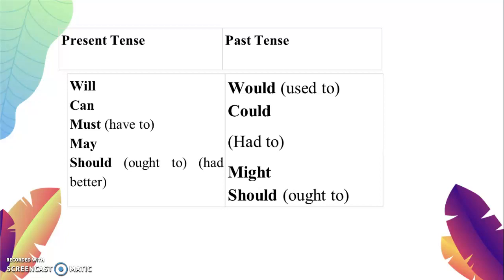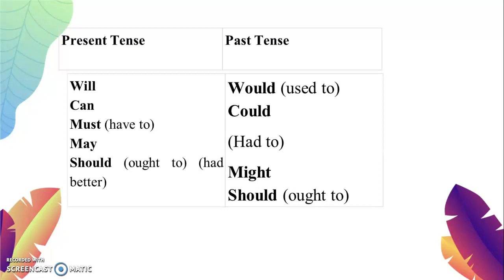For the present tense, we know that will, and the past tense, would or used to. Can, could, must, have to, may, had to, should, ought to, had better, might. Bear in mind that the words in brackets are not modal, they are semi-modals.